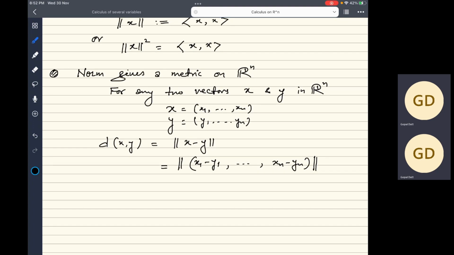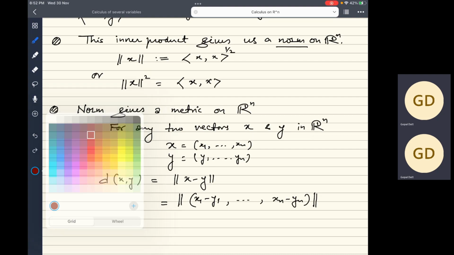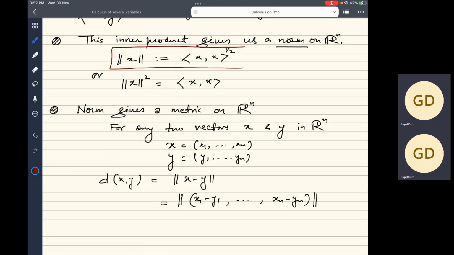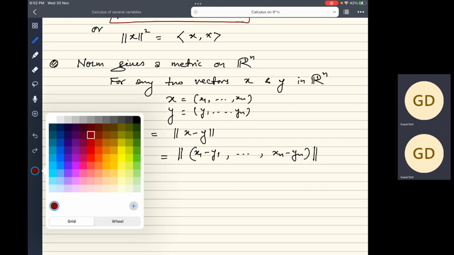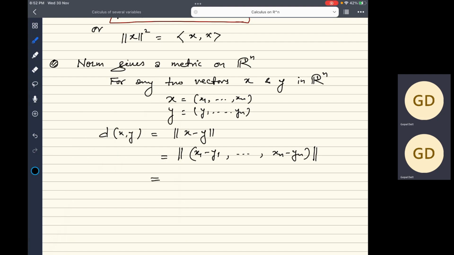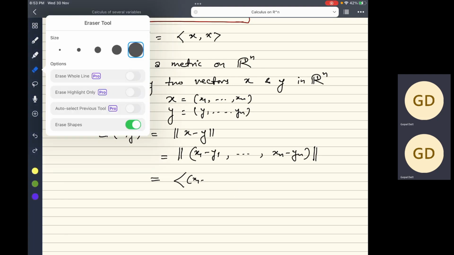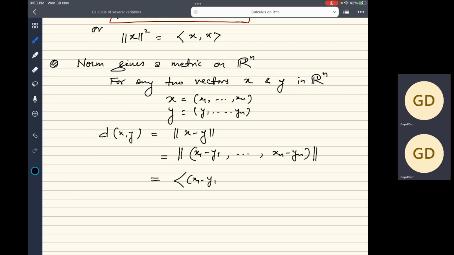And by this definition, now we use this definition, what we get is the inner product of x1 minus y1, ..., xn minus yn with itself, which is x1 minus y1 square, and so on, xn minus yn square.